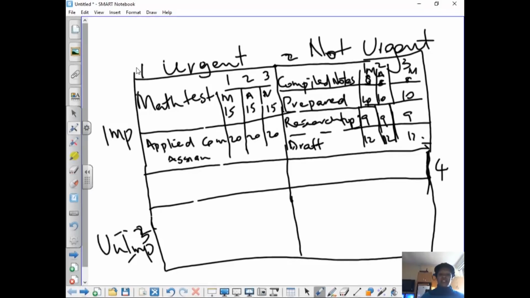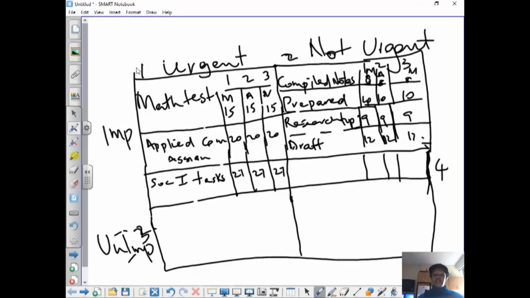What is another assignment that comes to mind? Then you have another test, or even exercises. Let's say social intelligence tasks. You put the dates. Let's say maybe there are dates again, 27 March, 27 April, 27 May. So what this means, again, you need to have dates here on your second quadrant that are prior to the 27th.